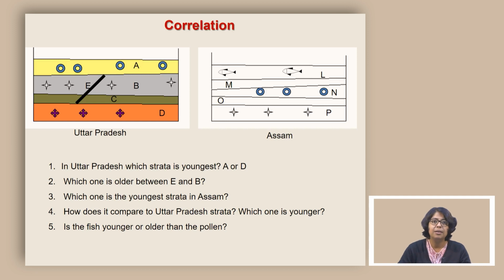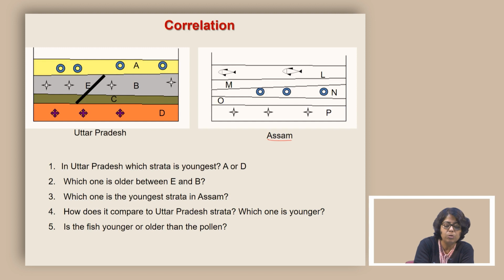So, let us take a quick look at this hypothetical correlation pattern. Let us say we are looking at rock strata from Uttar Pradesh and another rock strata from Assam, and we are trying to correlate them.